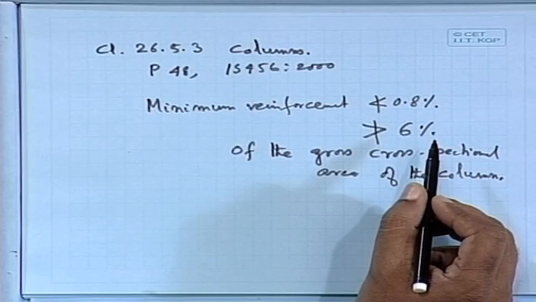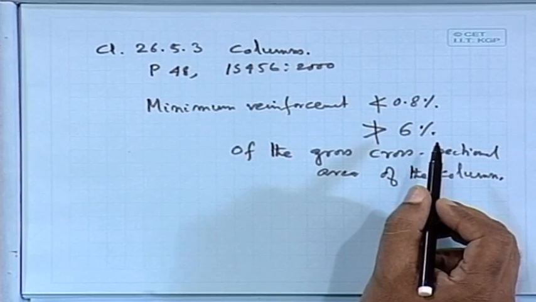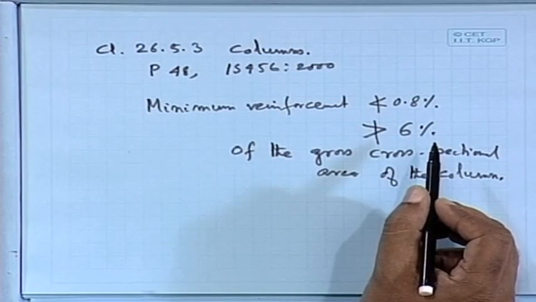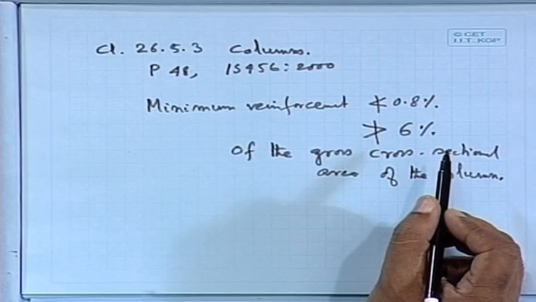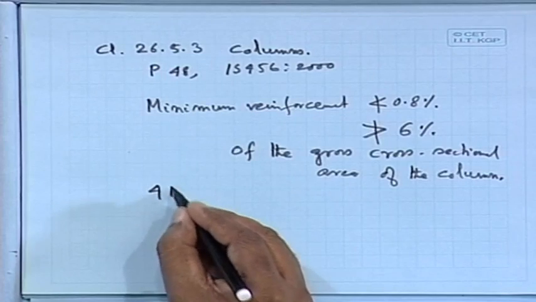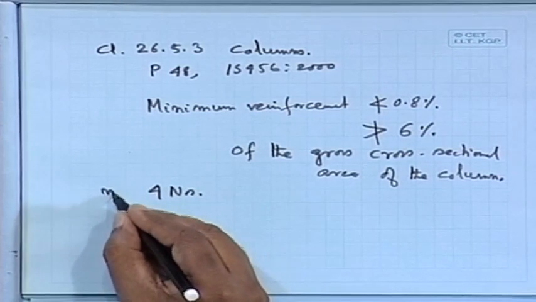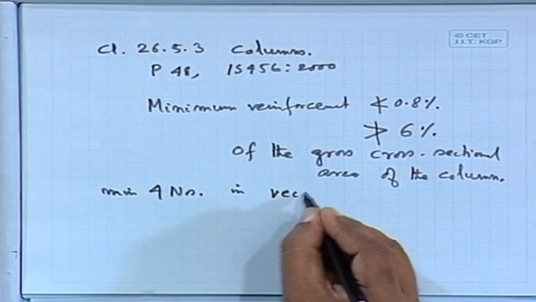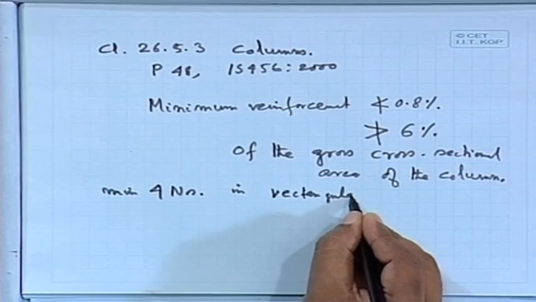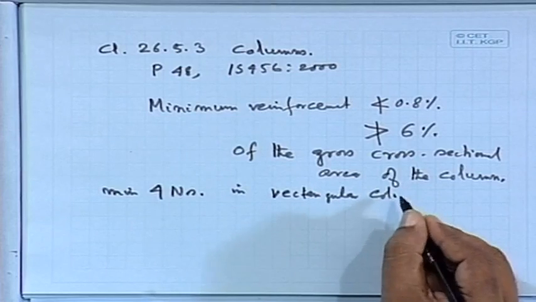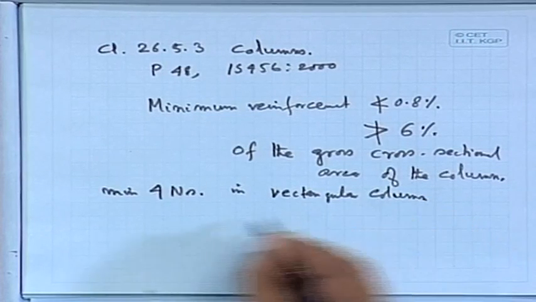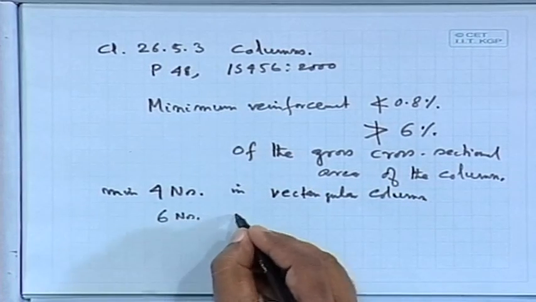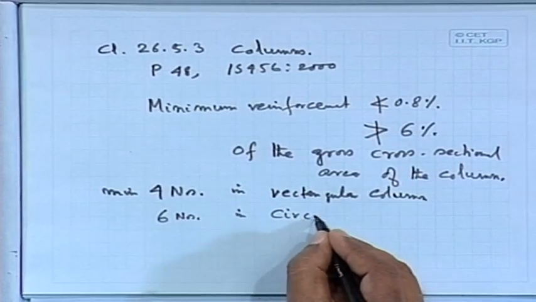The minimum number of longitudinal bars provided in columns shall be 4 in rectangular columns and 6 in circular columns. So, minimum 4 numbers in a rectangular column and 6 numbers in a circular column.